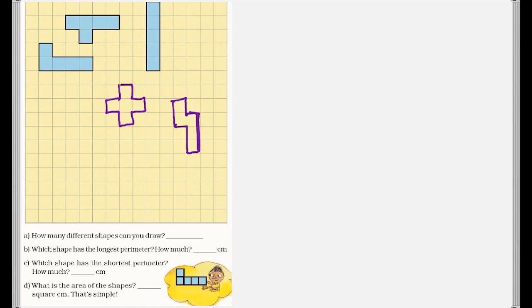So how many different shapes can you draw? So you can see that you need to draw all the possible shapes, and then you need to calculate the shortest perimeter and the longest perimeter, and what is the area. Area will always be the same, that is 5 square centimeter, as 5 squares are being used.